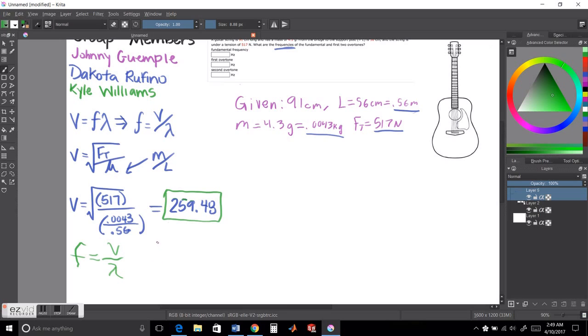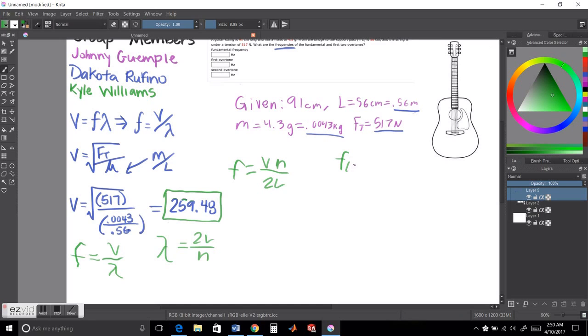There is a physics formula that states that lambda is equal to 2L over n, where L is the length of the object that we're trying to find the wavelength of, and n is the number of harmonics. If we put this into the frequency formula, we get frequency equals the velocity of the wave times the number of harmonics divided by 2 times the length of the object.